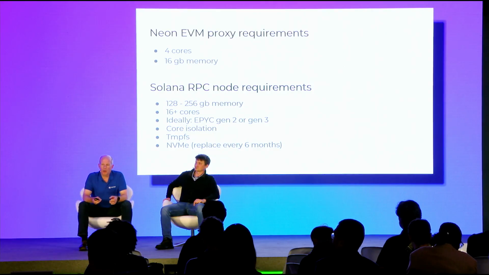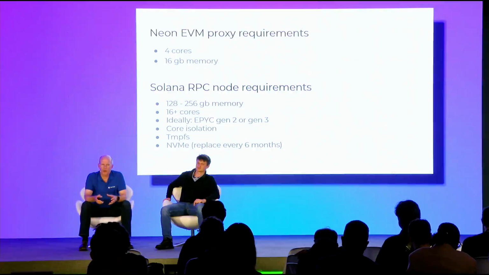Yeah, great. So a Solana RPC node is a validator, and it has the query layer to service queries that'll be coming in from the Neon proxy. The validator requirements are very high because you're keeping the entire account state in RAM, and you're processing so many thousands of transactions per second, right?